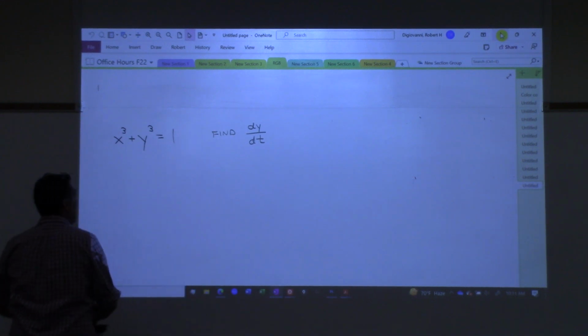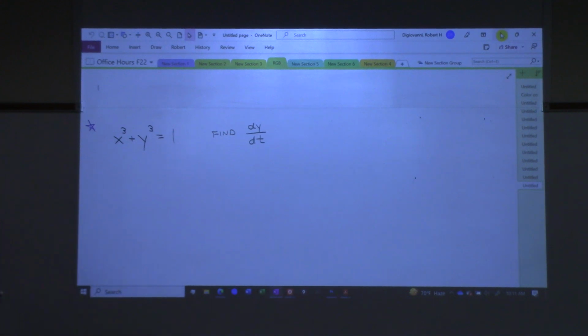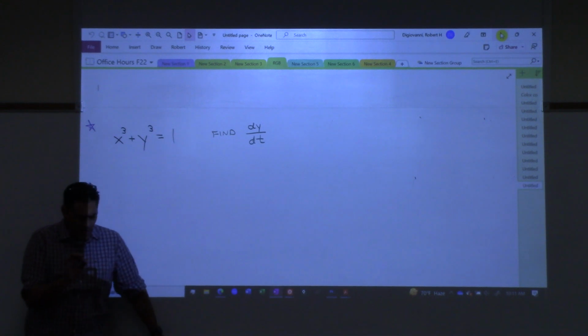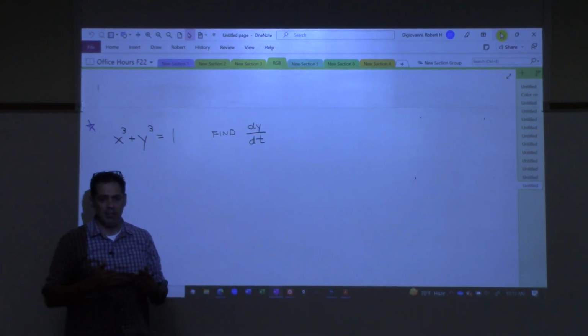All right, let's put a little asterisk because we are now moving into a new place here. I'm differentiating with respect to what variable? T. But t does not appear in the problem, right? T is not a variable within the actual equation. So this is saying, if I change the value of t by just a little bit, I want to know how fast y is changing.